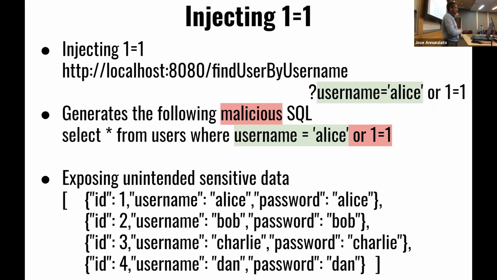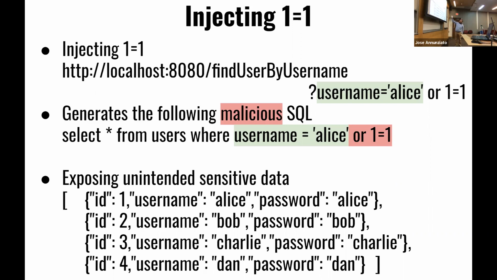But what if instead of just passing Alice, they pass in anything? Doesn't really matter what they pass. They might pass username, open quote, blurb, whatever, foo, close quote, or 1 = 1. That gets concatenated into our query as something that is always true. It doesn't matter what username I gave you.